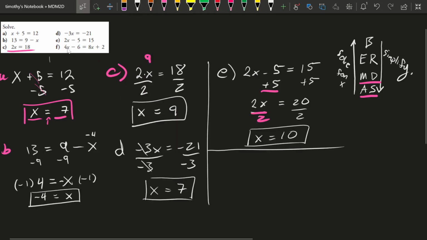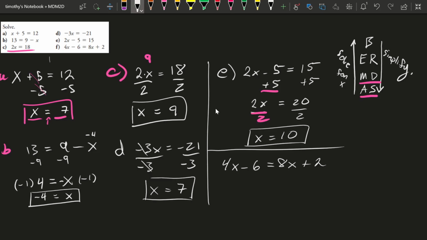This is a multi-step equation here, right? And so I'm going to do 4x minus 6 equals 8x plus 2. Alrighty then, so let's take a look.